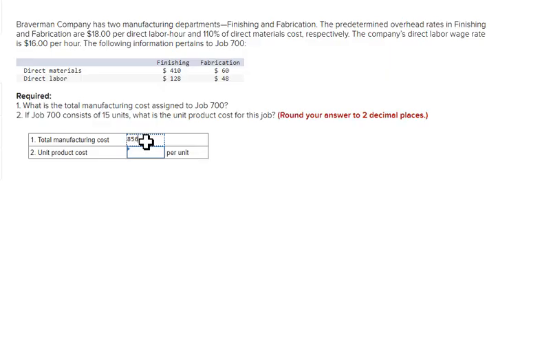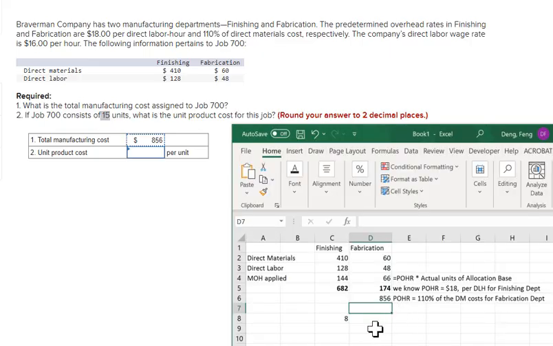And then how many units in job 700? Well, we said 15. So 856 divided by 15, it gave us the unit cost of around $57, give or take.